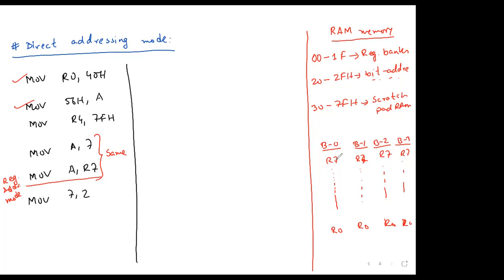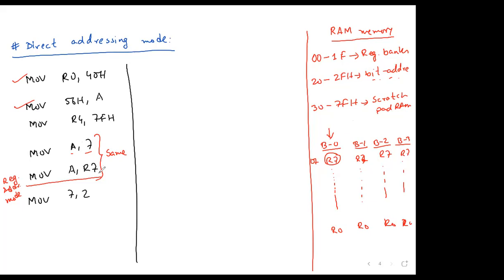But all these different registers had different addresses. So when you are in bank 0, the address of R7 is actually 07. So when you write MOV A, 7 or MOV A, R7, they will give you the exact same result. Did you understand now?